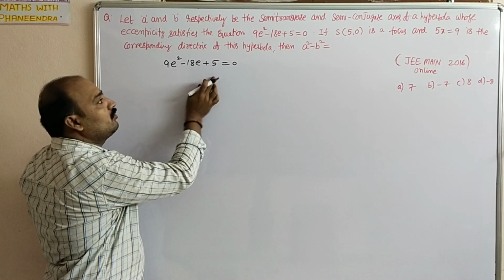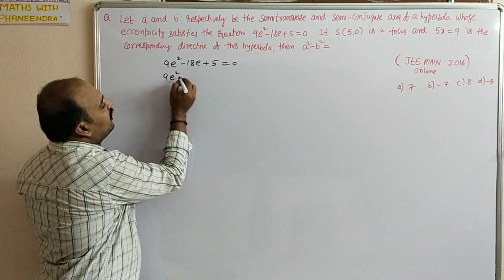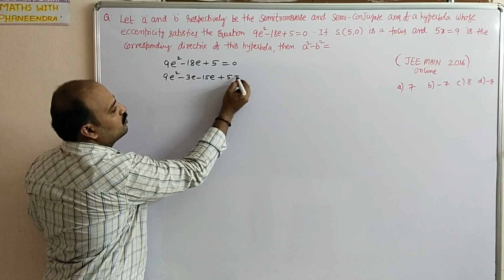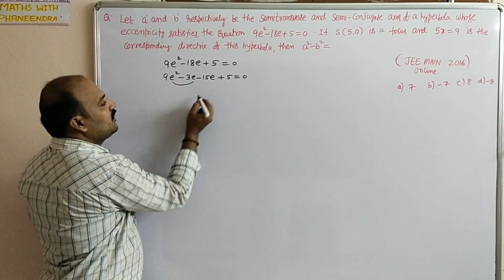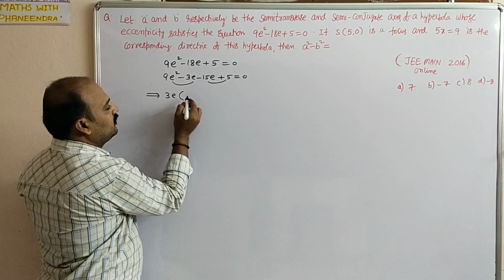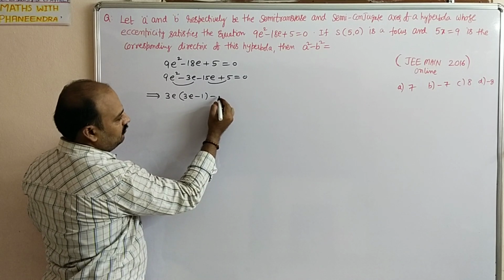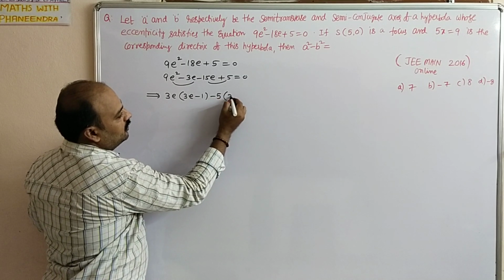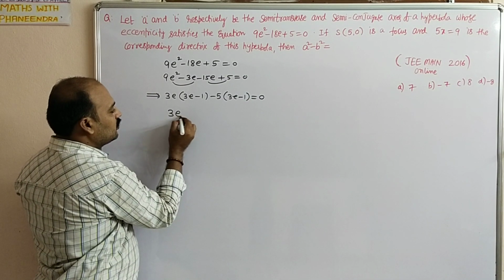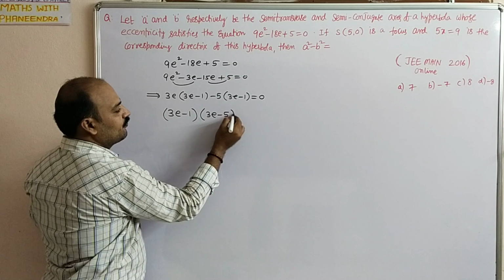9 into 5 is 45, so 15 into 3. So 9e square minus 3e minus 15e plus 5 equal to 0. From these two take 3e common, from these two take 5 common. 3e if we take out common, we get 3e minus 1, minus 5 times 3e minus 1. So taking 3e minus 1 common, the remaining is 3e minus 5.